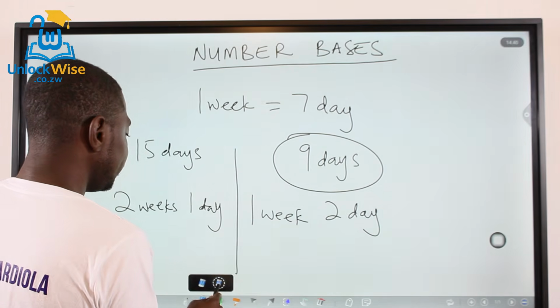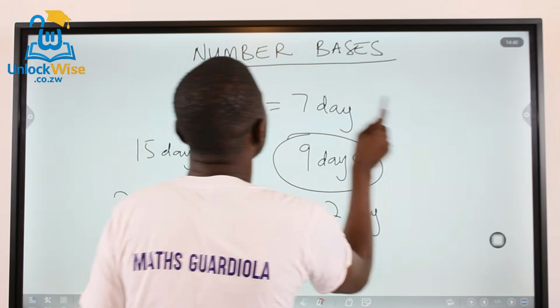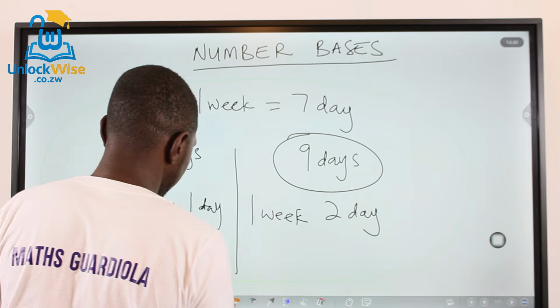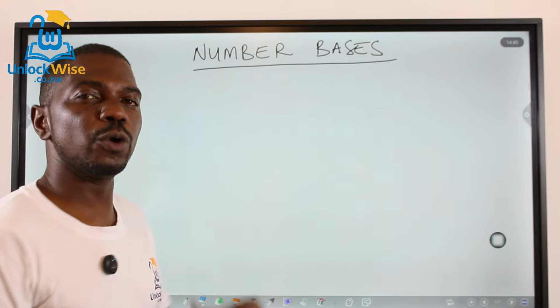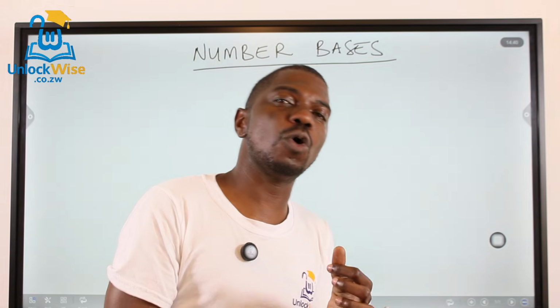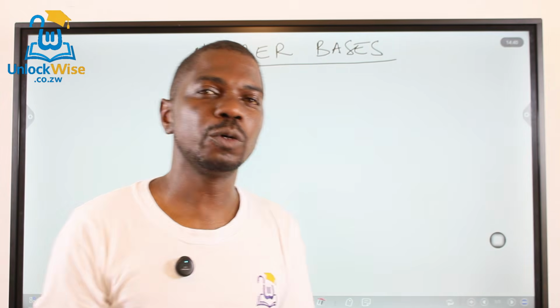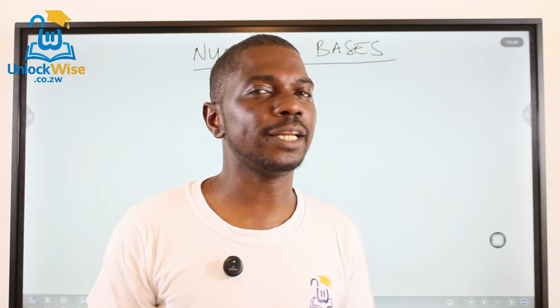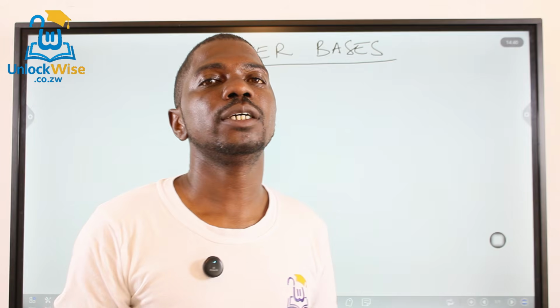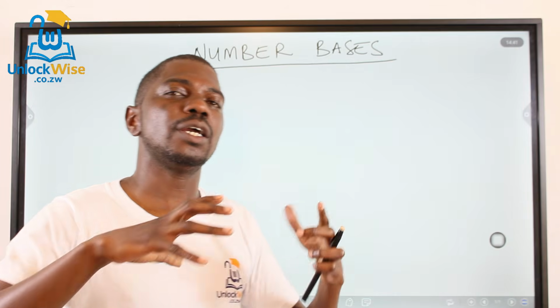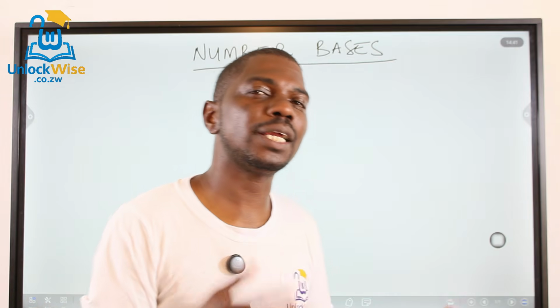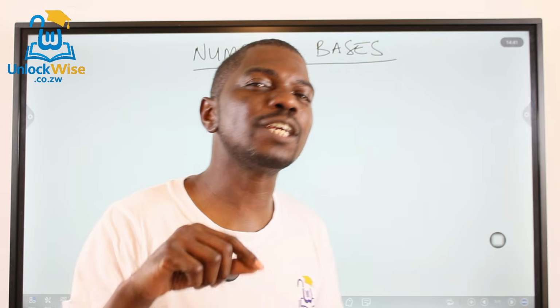So we also have base 24, which we use for hours, base 60, which we use for minutes and seconds, right? And in some past exam papers, this is even examined.